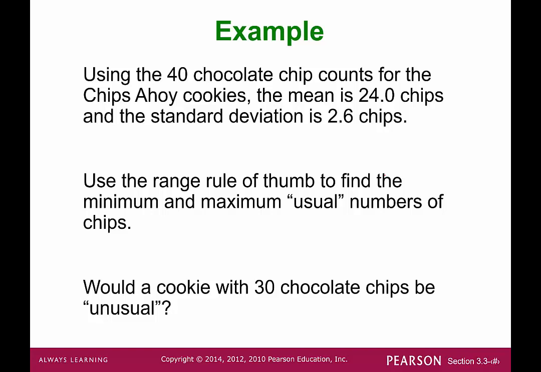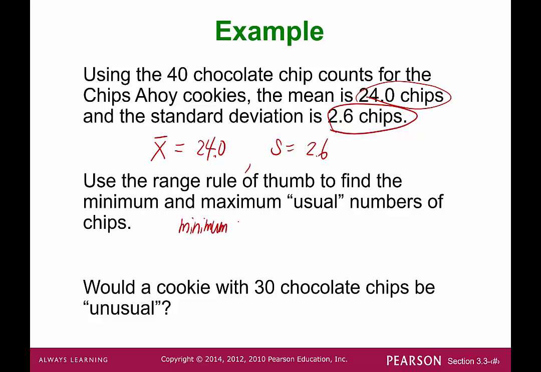Now, using the 40 chocolate chip counts for the chip cookies, the mean is 24 chips, standard deviation 2.6 chips. So you can summarize that: sample mean equals 24.0, and standard deviation equals 2.6. Easily you can find the minimum usual value by using sample mean minus 2 standard deviations. So 24.0 minus 2 times 2.6, just throw both into the formula.